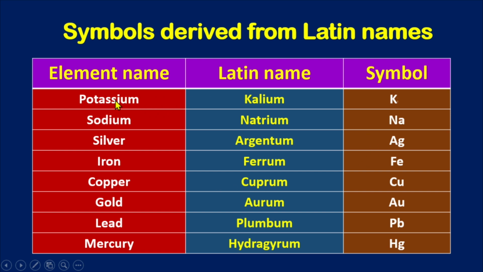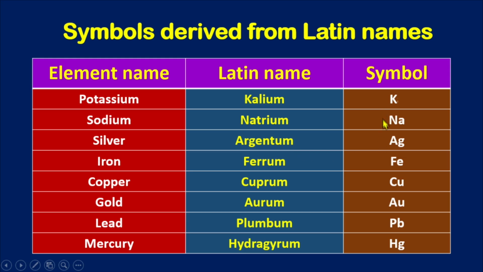So, here they are taken from their Latin names, children. See, children, potassium starts with P, but already we have phosphorus starting with P, sodium starts with S, but already we have sulfur starting with S. So, here their Latin names have been considered, like potassium is called kalium, sodium is called natrium, silver is called argentum.